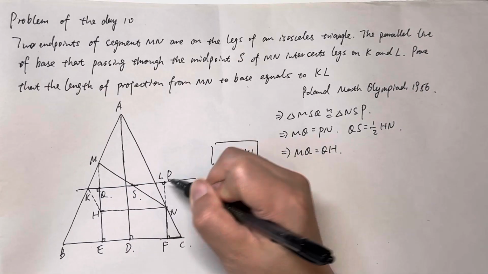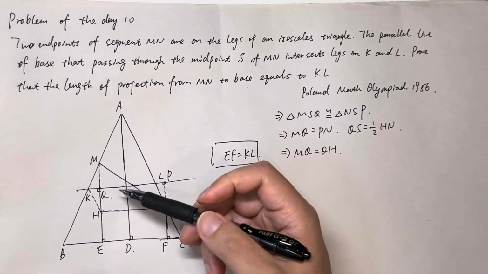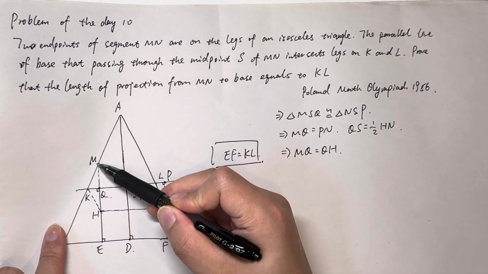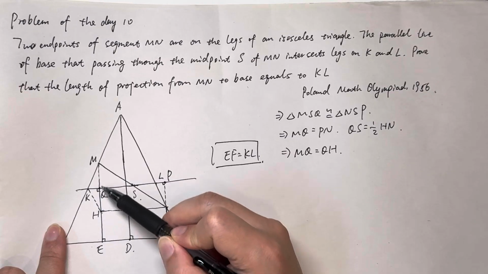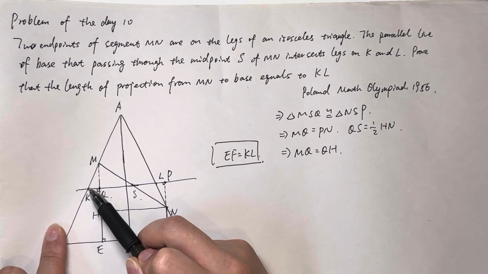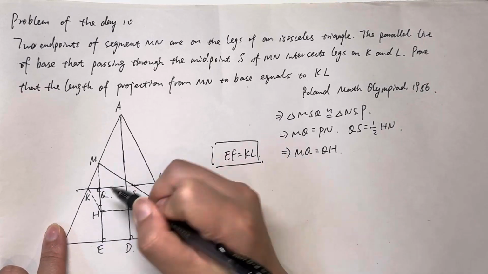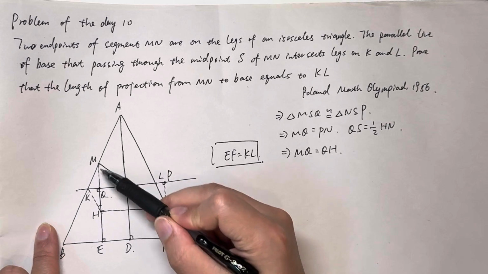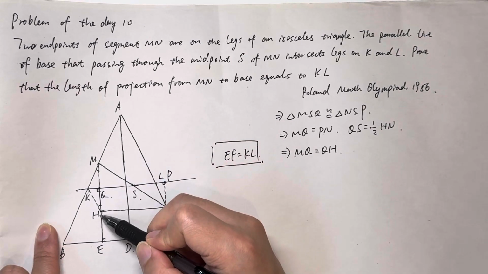Also, Q is the midpoint of MH, and KQ is perpendicular to MH. That means KM equals KH, which makes angle KHM equal to angle KMH.